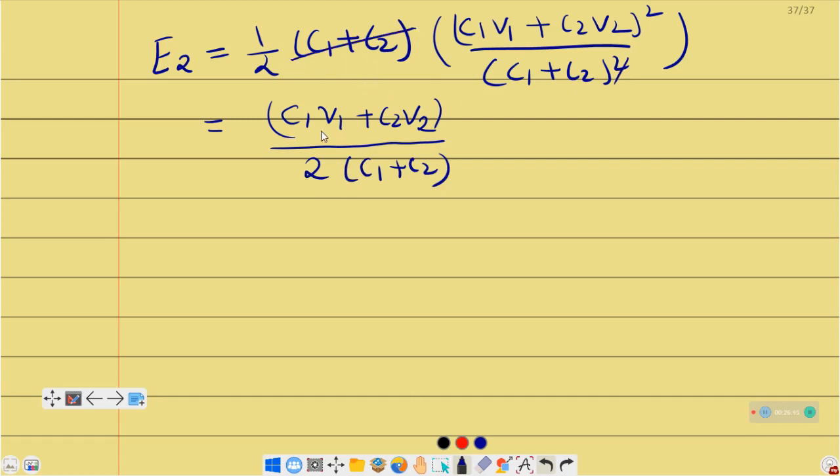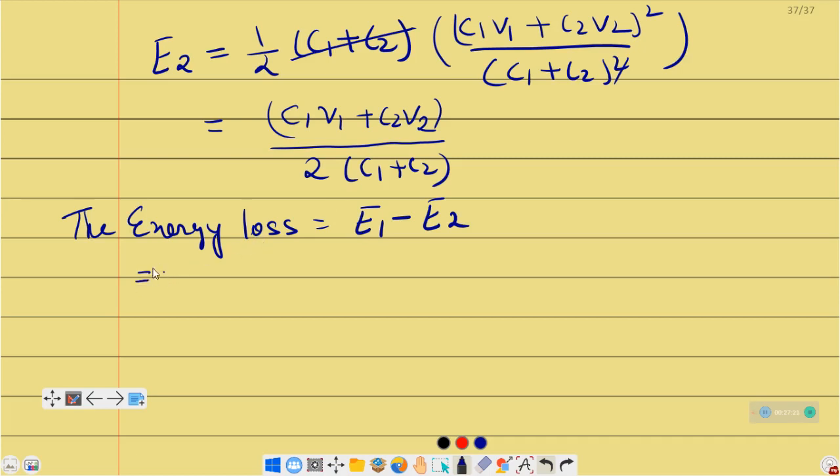Now, what is the energy loss? How can we find the energy loss? We just have to subtract E2 from E1, so the energy loss will be E1 minus E2.